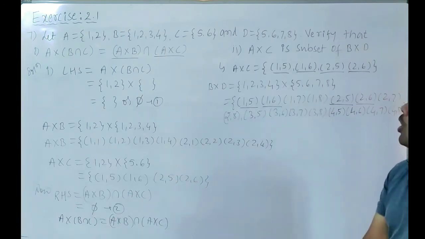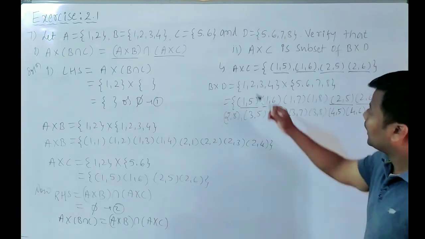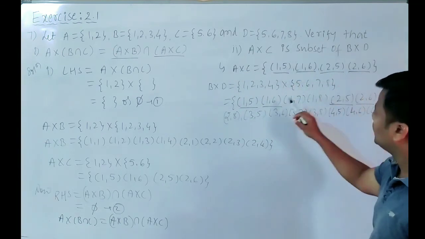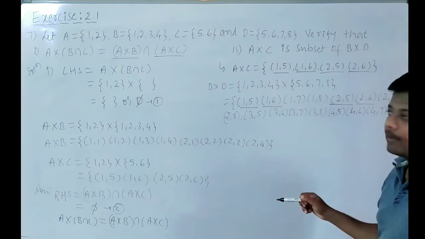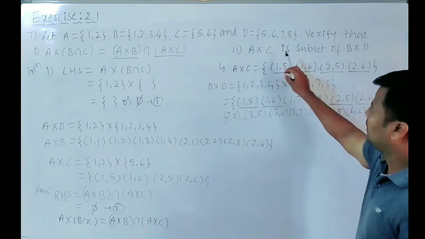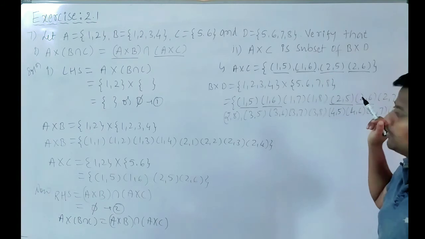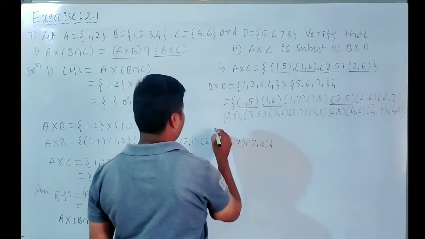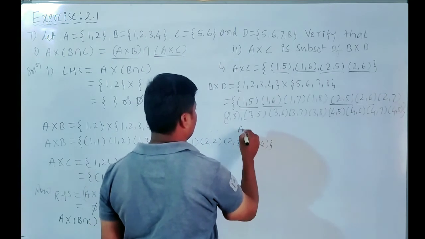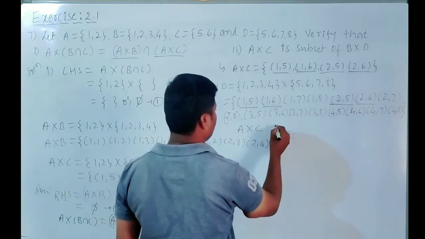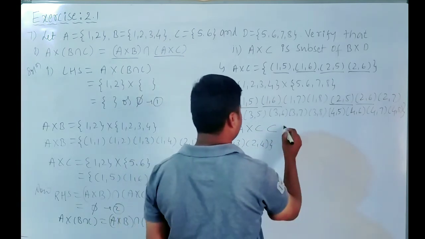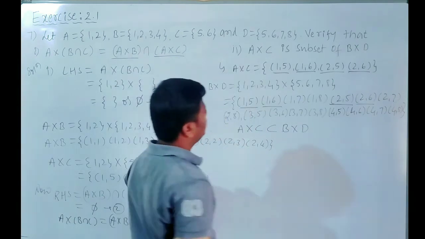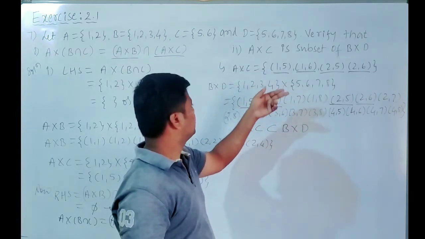Yes, all the elements of A cross C are also the elements of B cross D. So all the elements here are here. Therefore A cross C is a subset of B cross D, because all the elements of A cross C are also the elements of B cross D.